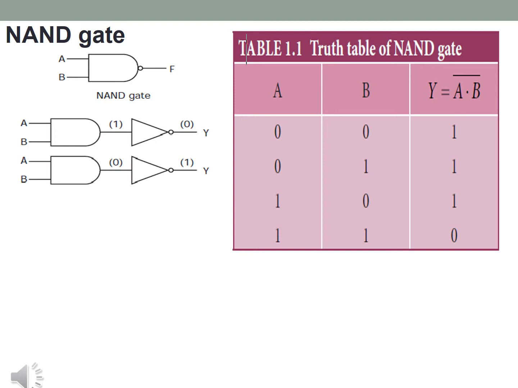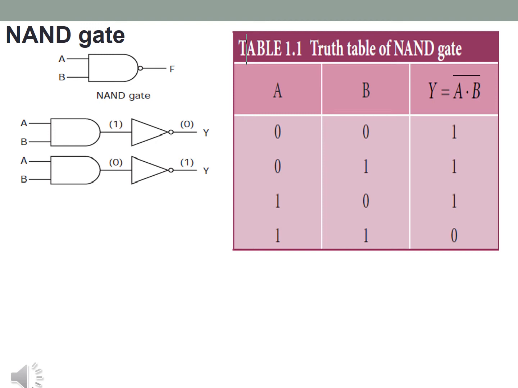Whenever the inputs contain a 0, the output is 1. Observing the truth table of the NAND gate, we can say that whenever at least one input is 0, you get output 1.